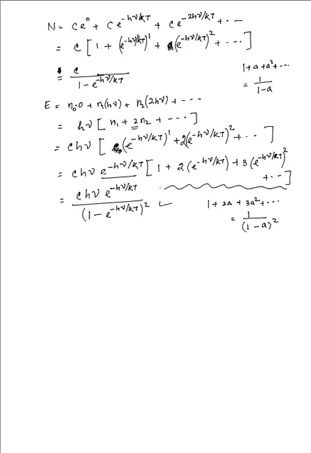With this term and this term available, now we can calculate the average energy. The average energy is going to be of the form E divided by N, that is the total energy of the oscillators divided by the total number of oscillators.